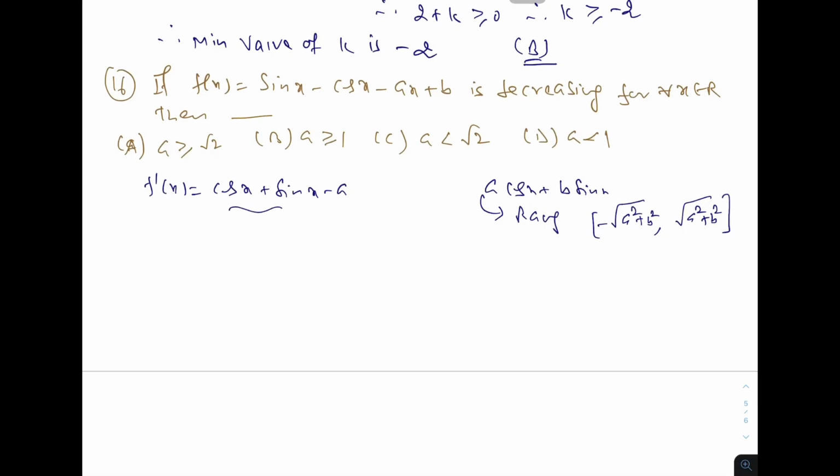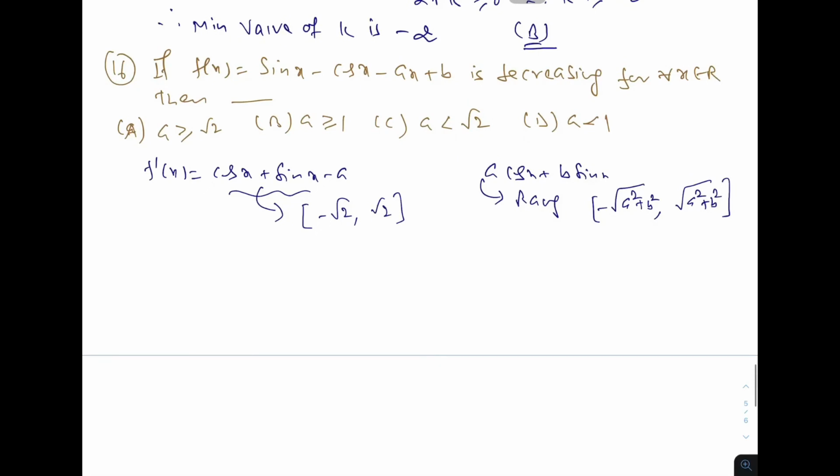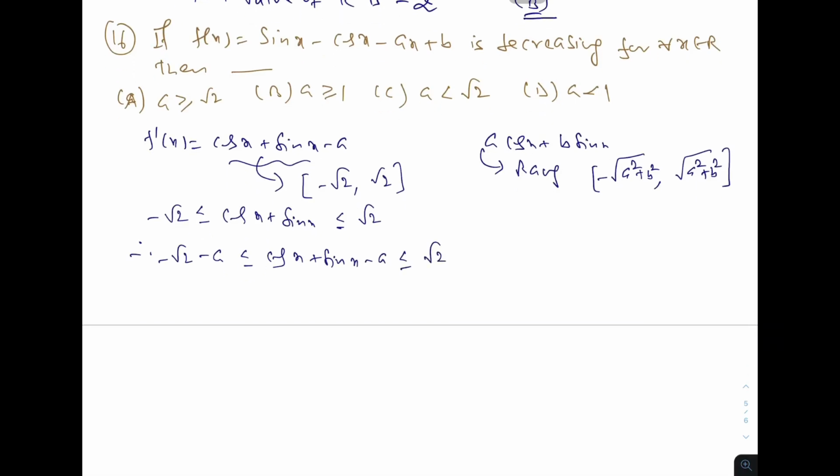So this cosine x plus sin x lying in minus root 2 to root 2, because a is 1, b is also 1. Now so minus root 2 less than or equal to cosine x plus sin x less than or equal to root 2, and therefore minus root 2 minus a less than or equal to cosine x plus sin x minus a less than or equal to root 2 minus a.